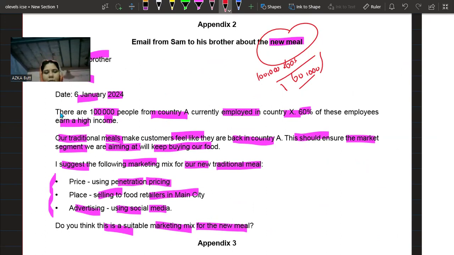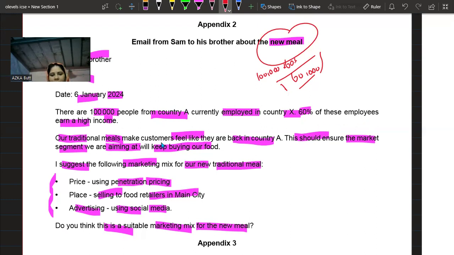So to Sam's brother from Sam, date 6 January 2024, there are 100,000 people from country A currently employed in country X. So it means that their target market is basically expanding, because previously they were targeting the employees who come from country A, and now there are more employees coming from country A to country X, and they are 100,000 in numbers.